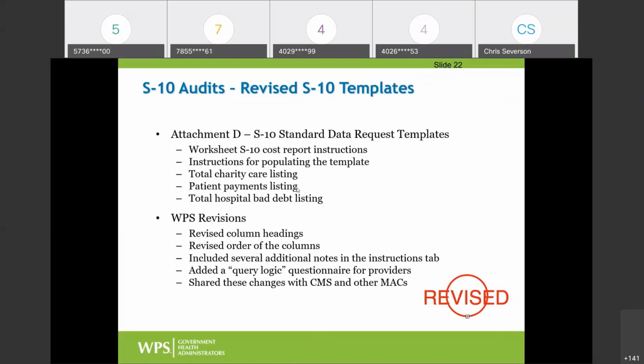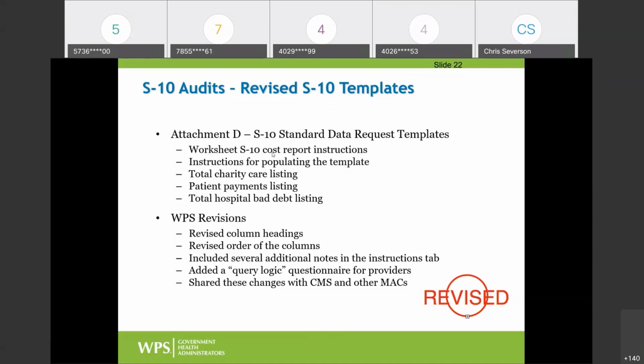It includes some S10 cost reporting instructions, instructions for the template itself, and three different tabs: a charity care listing, the patient payments listing, and the total hospital bad debt listing. This was given to us from CMS, and it was also the product of a work group with multiple MACs. So it wasn't just CMS forcing this, it had input as well.